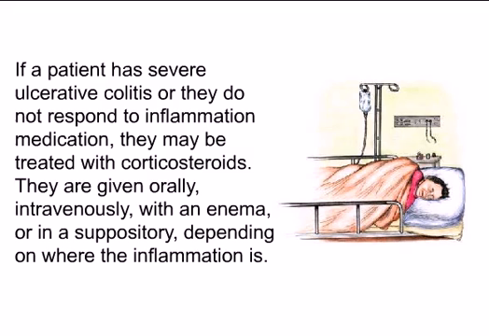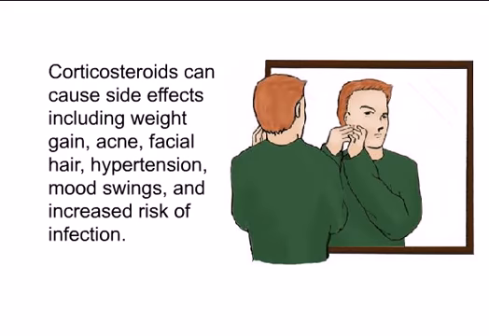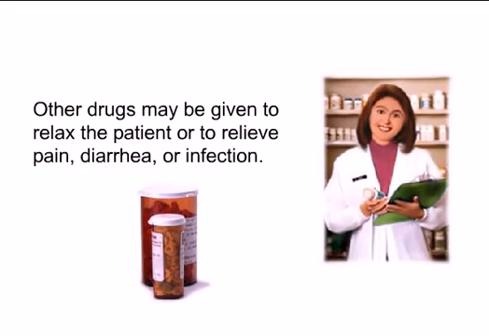They are given orally, intravenously, with an enema, or in a suppository depending on where the inflammation is. Corticosteroids can cause side effects including weight gain, acne, facial hair, hypertension, mood swings, and increased risk of infection. Other drugs may be given to relax the patient or to relieve pain, diarrhea, or infection.